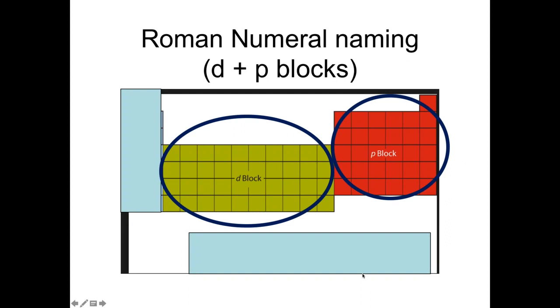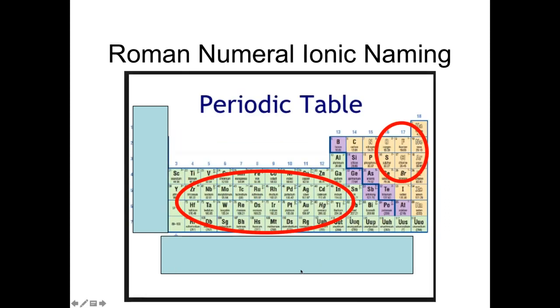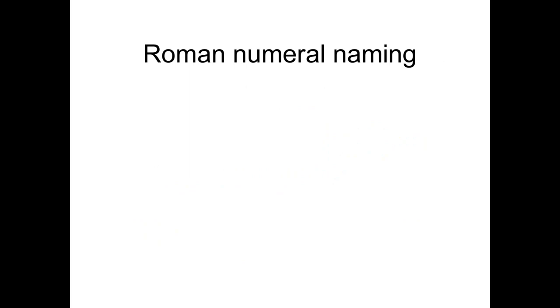So let's move on now to other ones. So there are other ionic compounds, and these items actually will be items from the D block, and then you're bonding it to an item from the P block. So in our previous example, it's the items here in the D block are underneath the staircase with the items above the staircase, and because they can vary, that's why you need Roman numerals there.